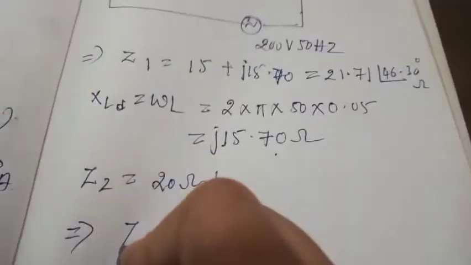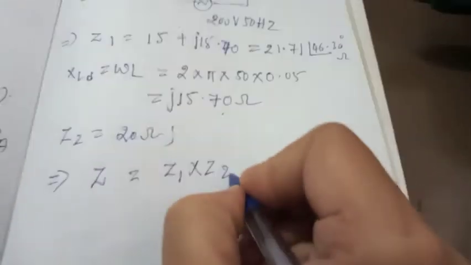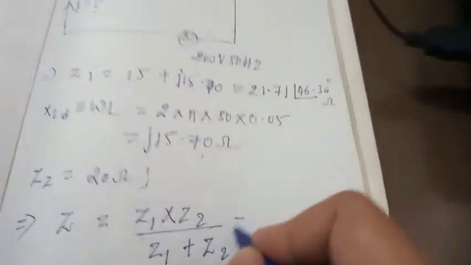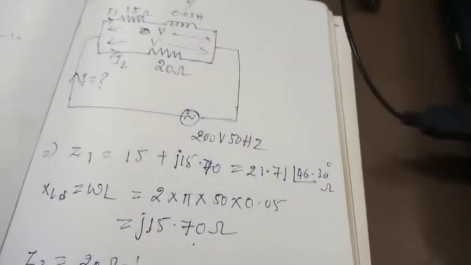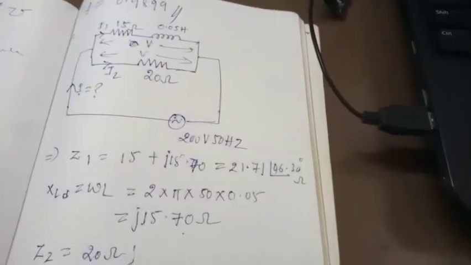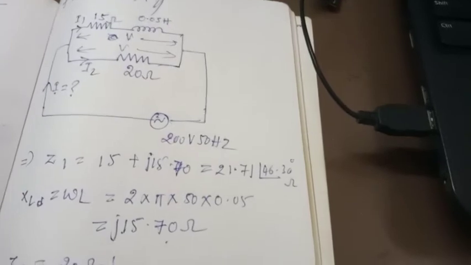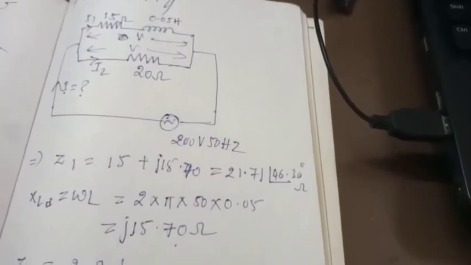Now what is the equivalent impedance? Z is equal to Z1 into Z2 divided by Z1 plus Z2, right? Z1 is equal to 15 plus j15.70, and Z2 is 20 ohms.